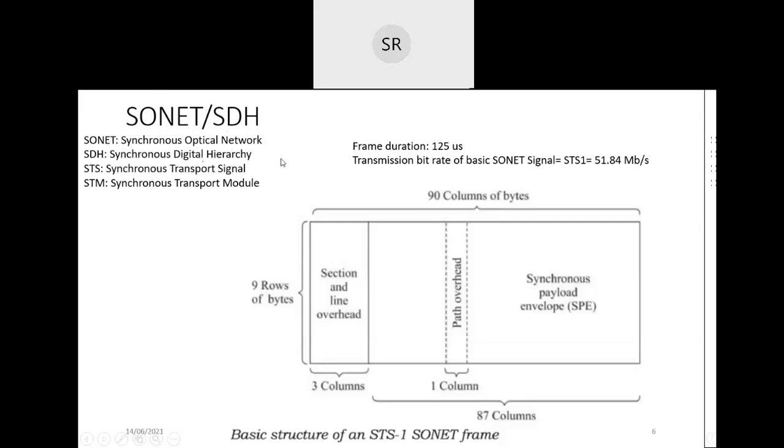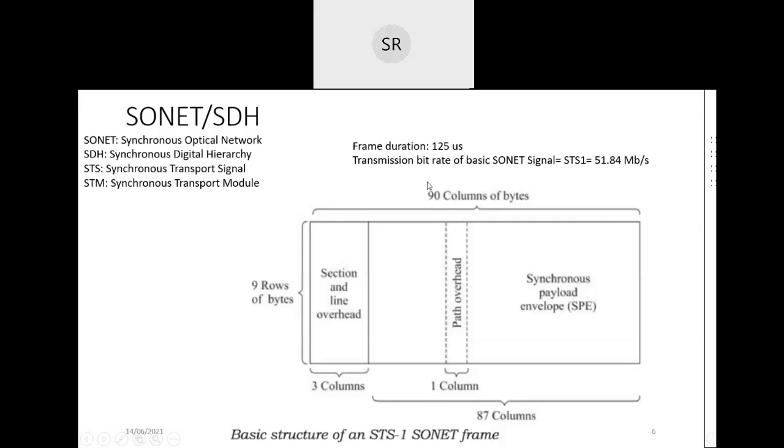SDH is equivalent to STS-3, with a transmission bit rate of 155.52 Mbps, and STS-3 is the SDH level 1.